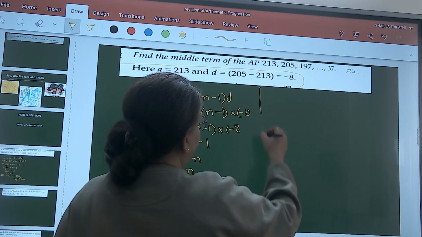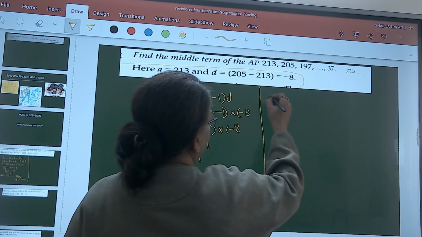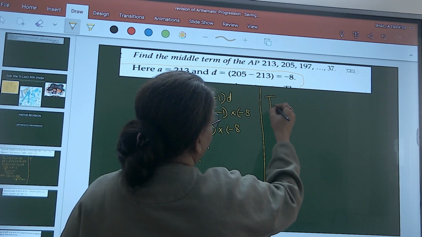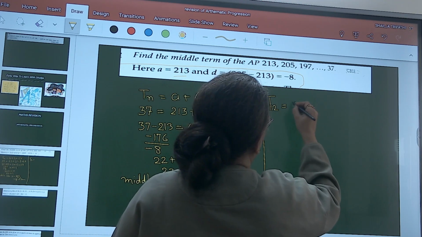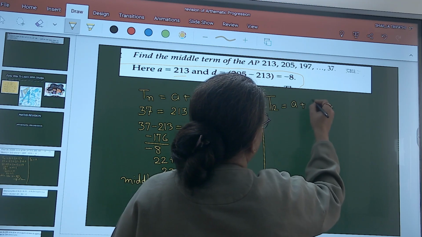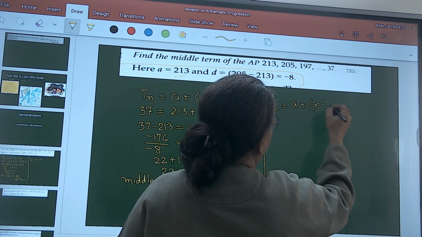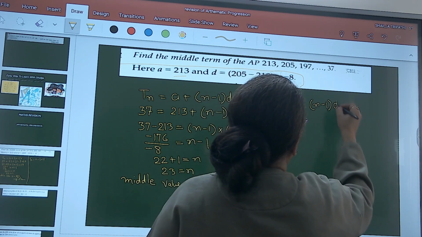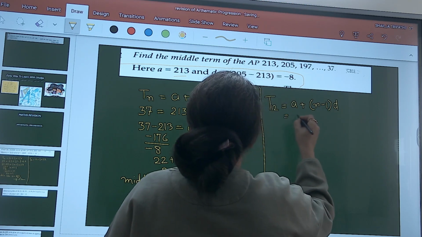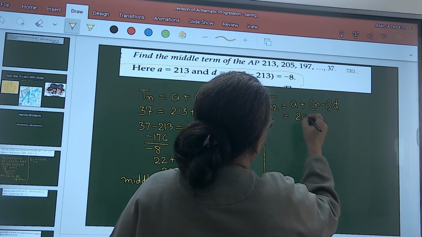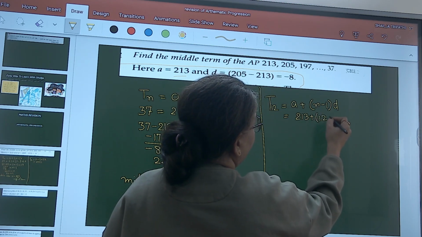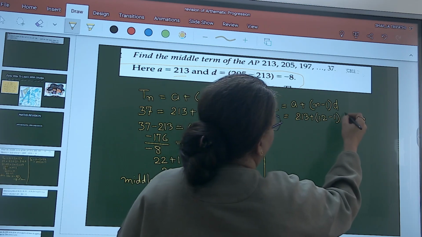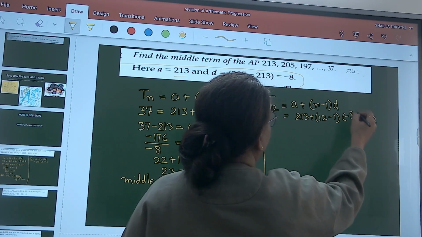So we'll find T12. T12 will again be A plus (n minus 1)d. So here A is 213 plus, n is 12 minus 1, and d is minus 8.